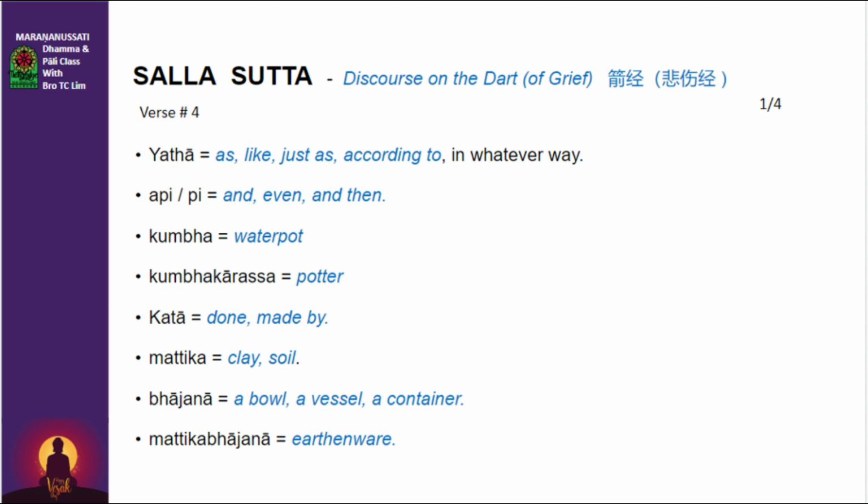Yata means just as. Api, even. Kumbha is a water pot. Kumbhakarasa, a person who makes water pots, a potter. Kata comes from the word karoti. Kata is the past participle, done or made by. Matika is clay or soil. Bhajanang is a bowl or vessel or a container.